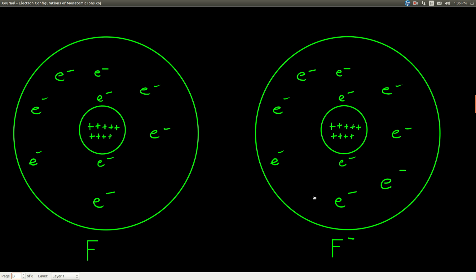In this case, I've added 1 extra electron, so there should be 9 positive charges and 10 negative charges from the 10 electrons. 9 of these electrons have their negative charges canceled. 1 doesn't, so overall there's a -1 charge, and it's a fluoride ion. If we had 2 extra electrons, it would be 2-.